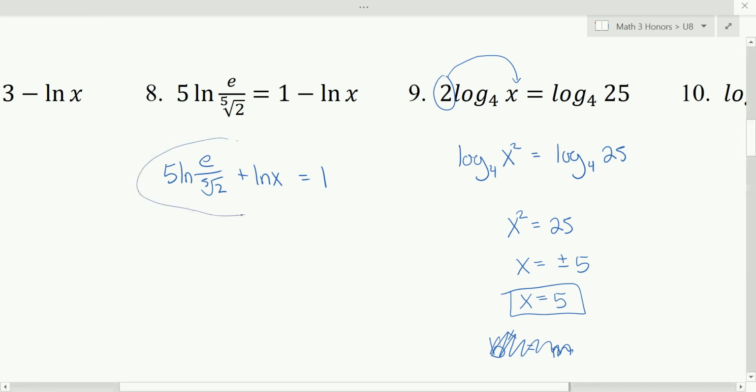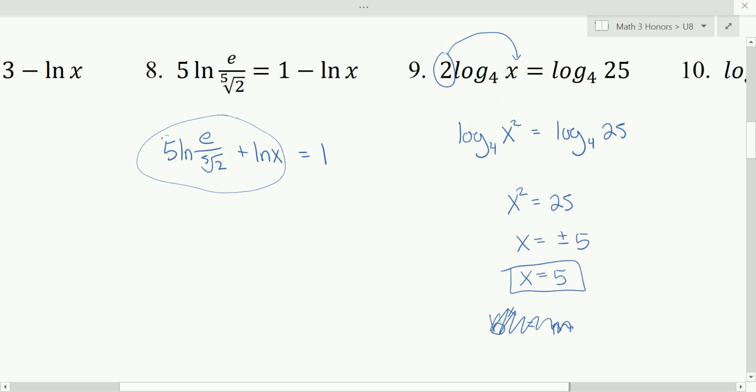Now I'm going to work on making this piece here one log. I need to condense it. In order to condense, if you have something in front, make it the power of the whole thing. So I get the natural log of e over the 5th root of 2, all to the 5th power, plus the natural log of x equals 1. And so that's going to be the natural log of e to the 5th over 2.